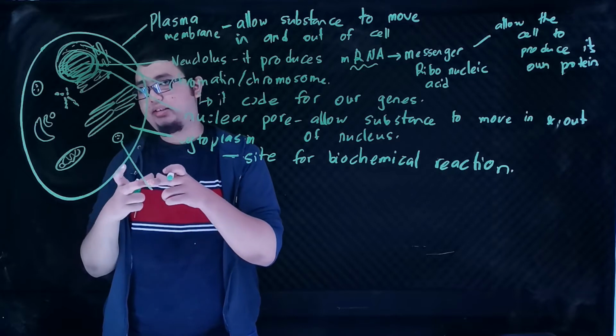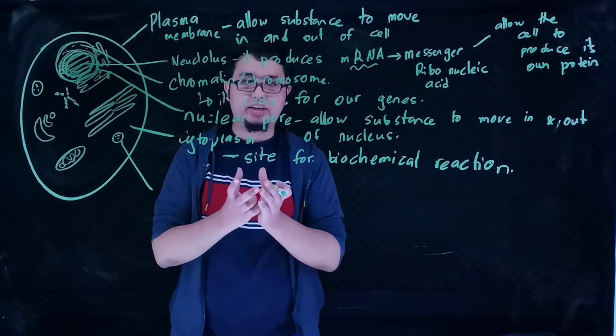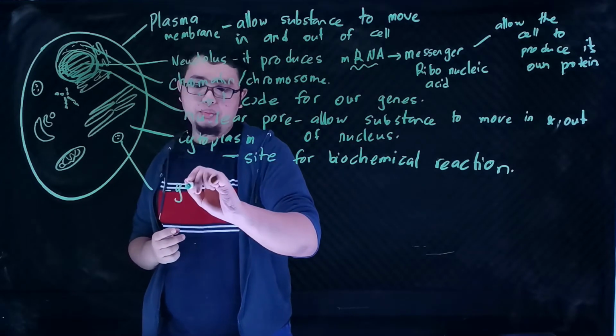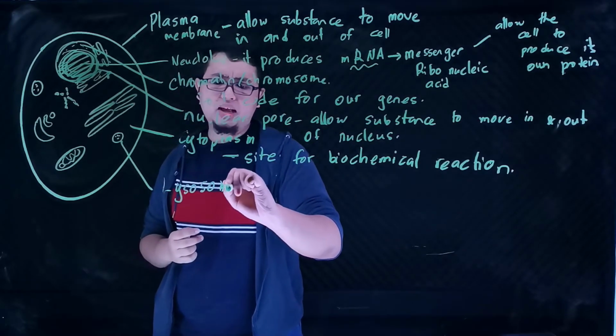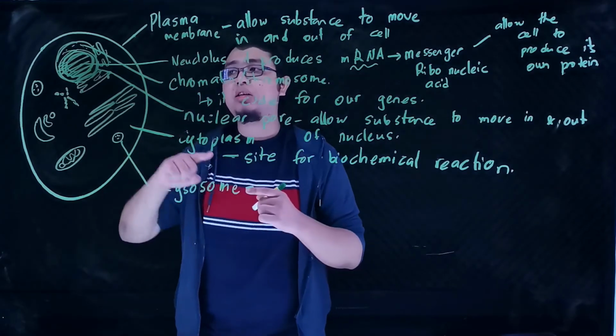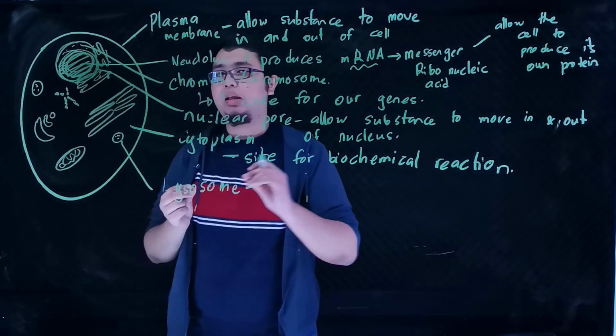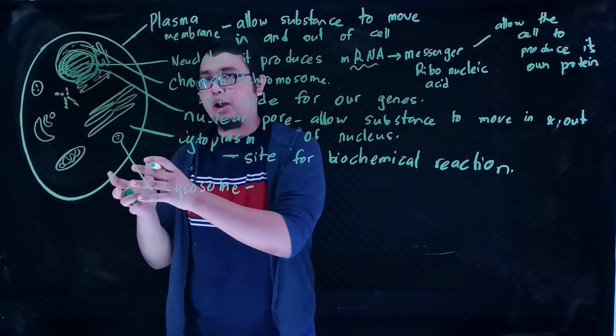If you look into your examination paper, or in a 3D shape, it just looks spherical. This is the lysosome. And what does the lysosome do? It produces hydrolytic enzymes that destroy the other organelles when they reach old age, when they have completely carried out their function.